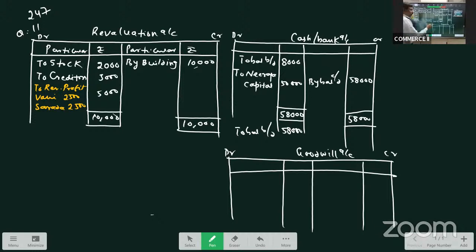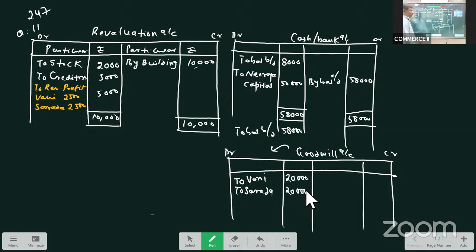Remember, whenever we prepare the goodwill account, it always has to be debited with all partners. To Vani, to Sarada. What is the profit sharing ratio? Equal. So let us share this, 20,000 and 20,000.